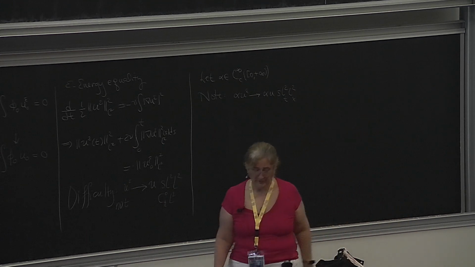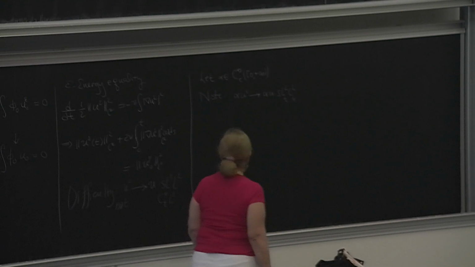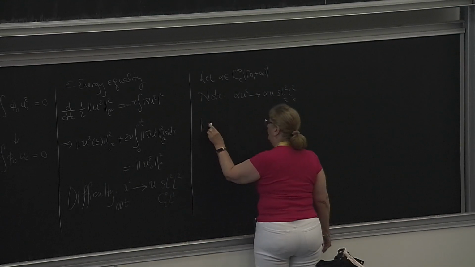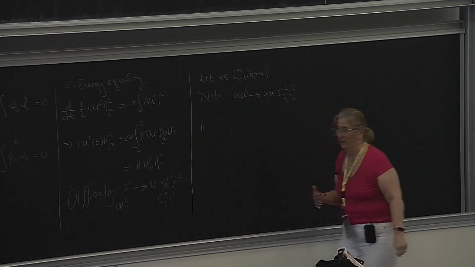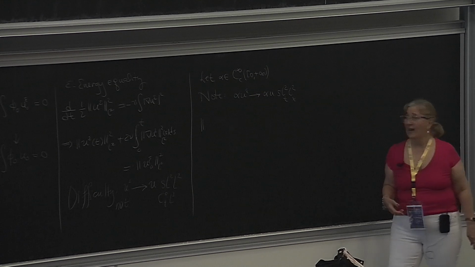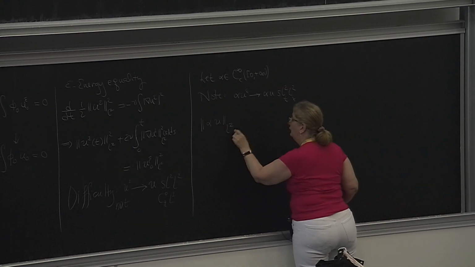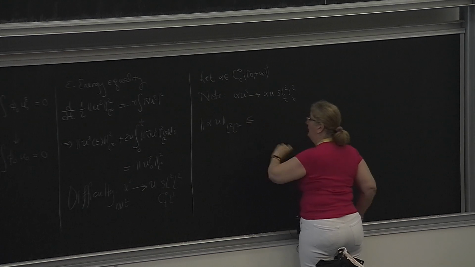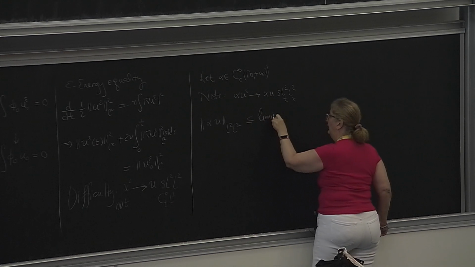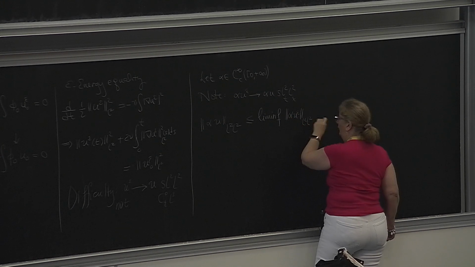It's basically obvious. And therefore, by weak lower semi-continuity of the norms, the L2 norm of alpha u is bounded by the lim-inf of the L2 norms.